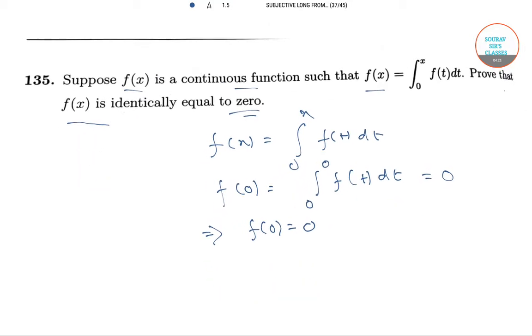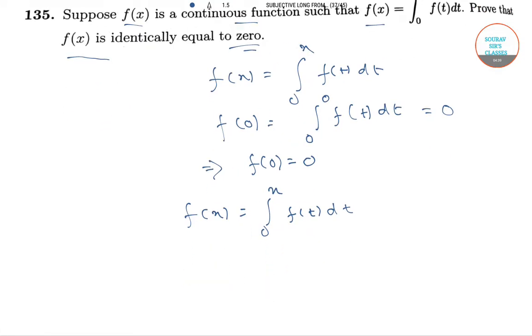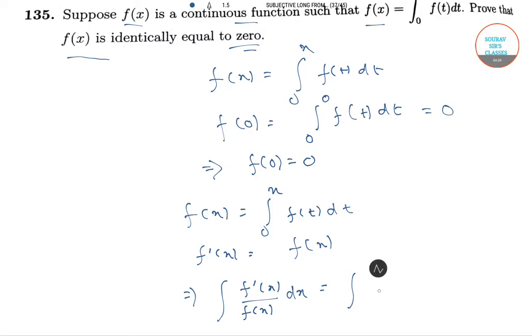Now again from the question, f(x) is equal to the integration from 0 to x of f(t) dt. Then differentiating it with respect to x, we will have f dash x equal to f(x). This implies the integration of f dash x divided by f(x) dx is equal to the integration of dx.